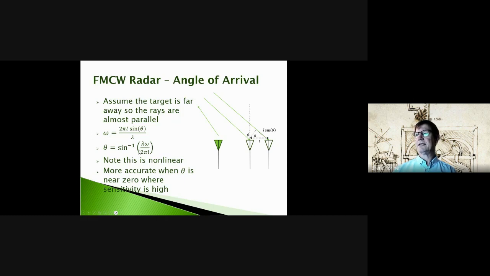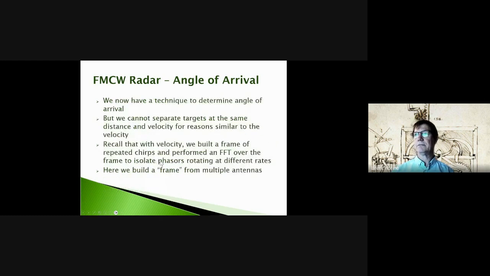And you can look and see how the sine is going to behave relative to this angle. You'll see that when theta is closer to plus or minus pi over 2, or plus or minus 90 degrees, we're going to struggle to get good results. All right, so now we have a technique to determine the angle of arrival.